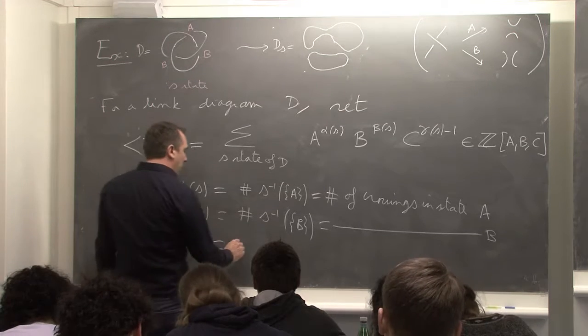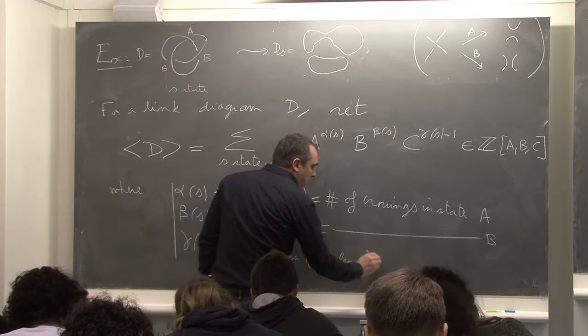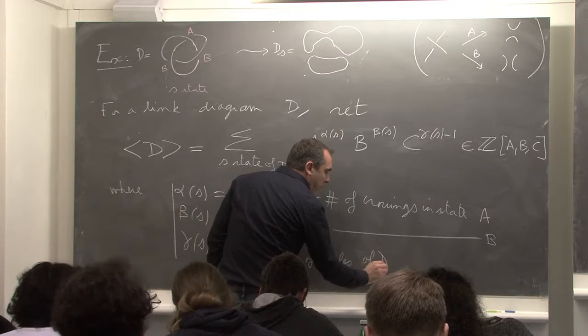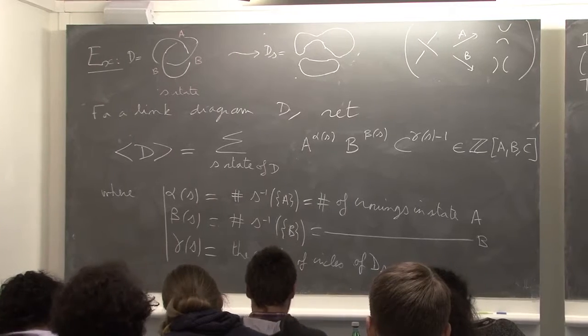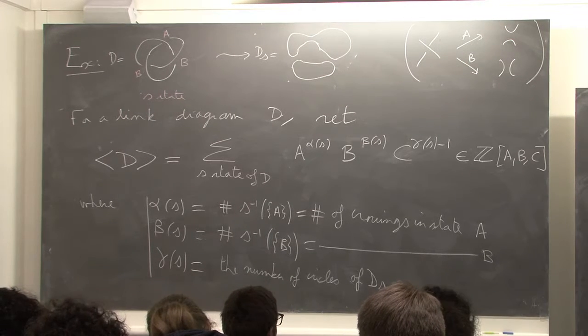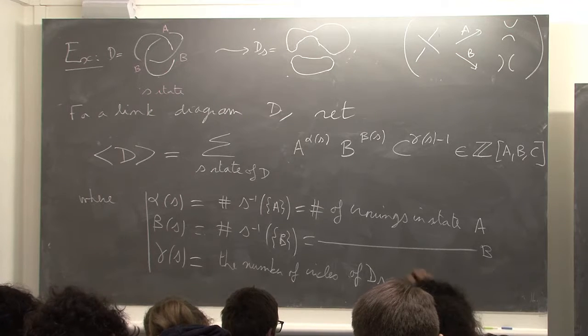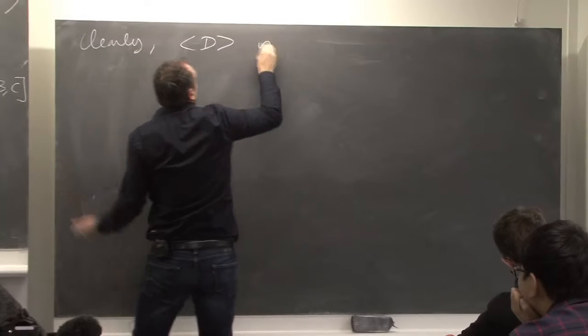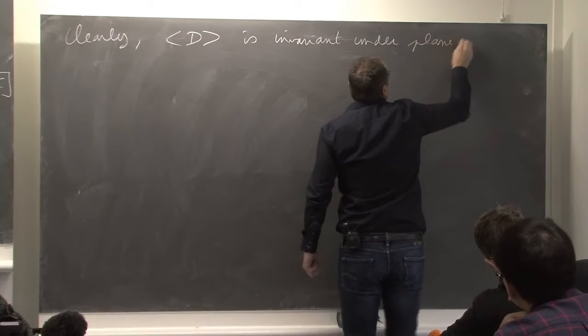It is the number of circles of D_S. So the plane isotopies do not change the crossings, so we have that the bracket of D is invariant under plane isotopies.